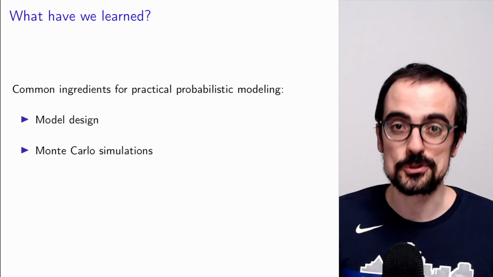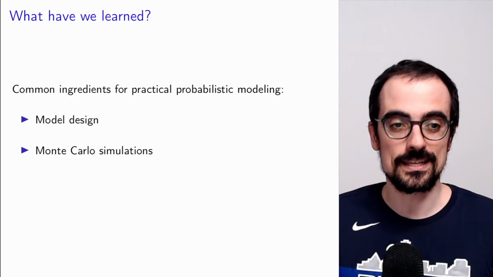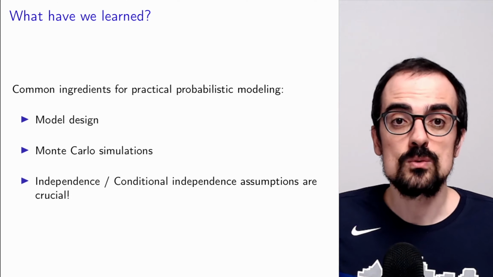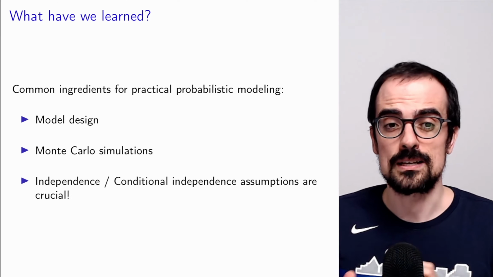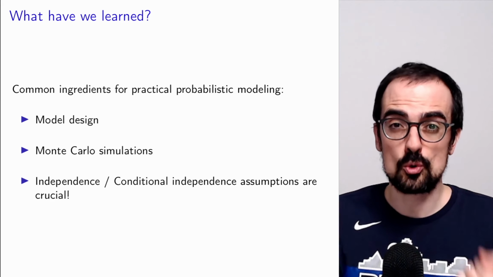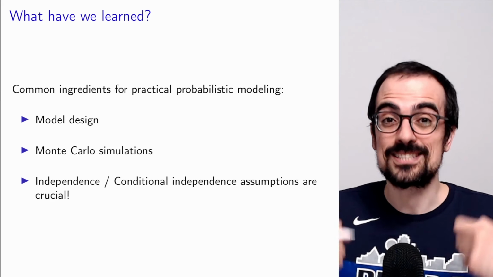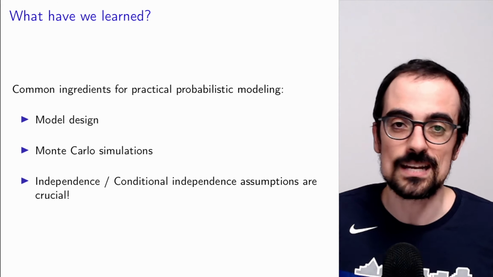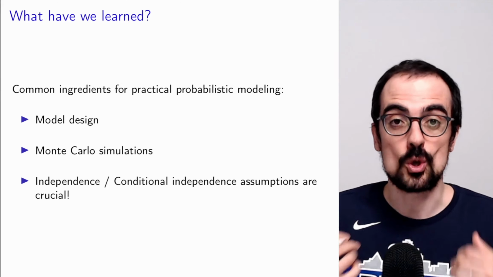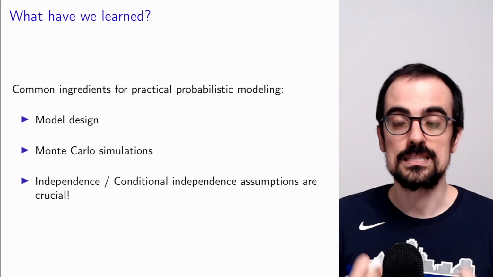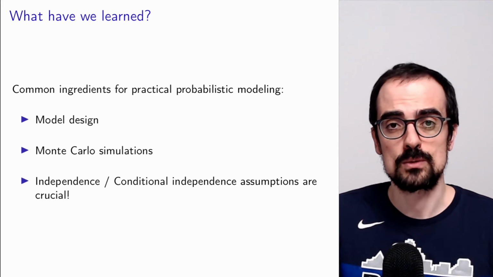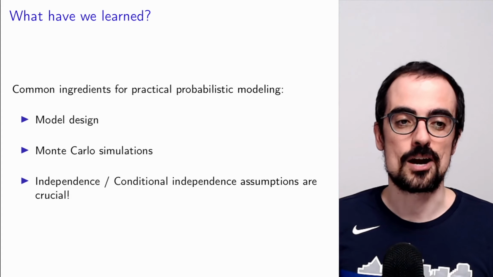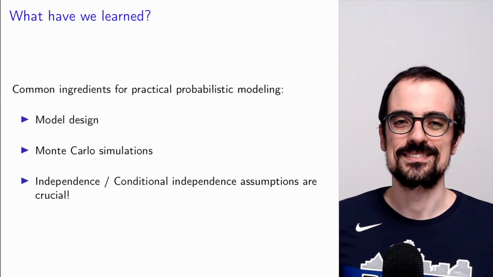And again, this is used all over the place in practical modeling, including the 538 predictions. And finally, we saw that independence and conditional independence assumptions are absolutely crucial. The problem is that they're very necessary because otherwise we fall into the curse of dimensionality and we cannot estimate anything. So we need to make some independence or conditional independence assumptions, but we also need to be aware that they can dramatically affect our prediction. And that's all I got. Thank you very much.